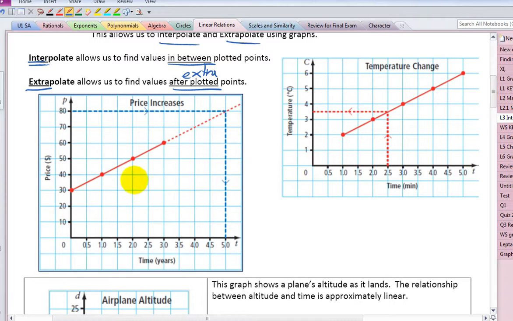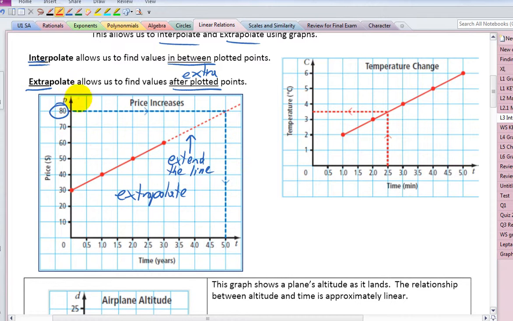So this here is an example of extrapolate. Here we have to extend the line. And so then we could figure out, well, how many years would it take the price to reach $80?